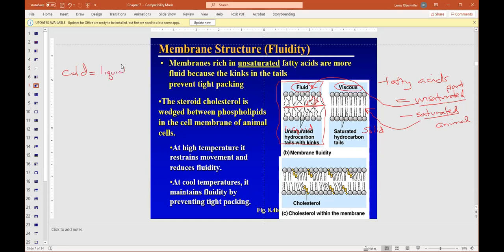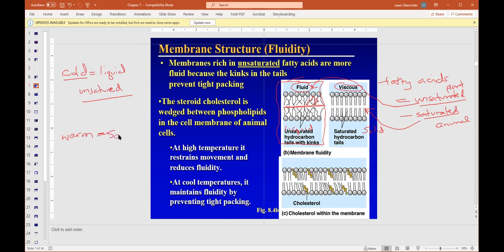And to do that, you would have to do what? Add saturated or unsaturated? Unsaturated. Exactly. So if it's cold outside, what winter wheat does is it replaces the saturated fatty acid tails with unsaturated ones to make it more fluid. And when it gets warm outside, so in the summer, would you want to make it more liquid or more solid? So you're heating up.